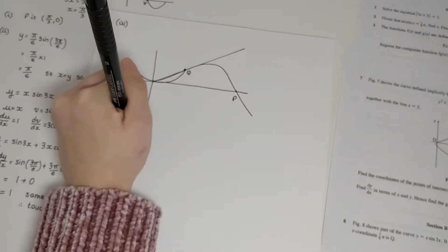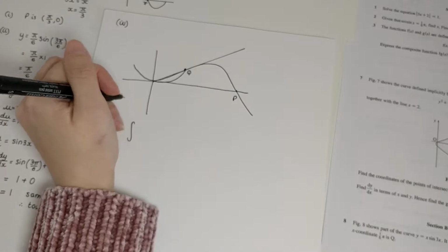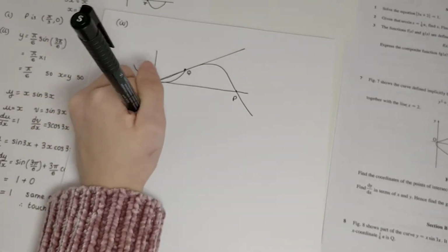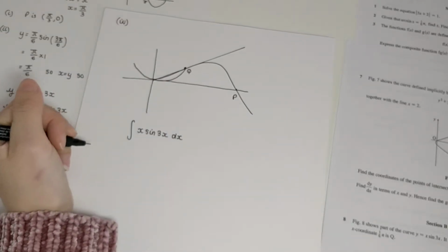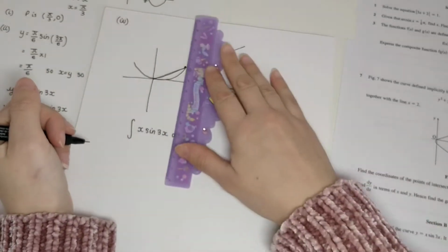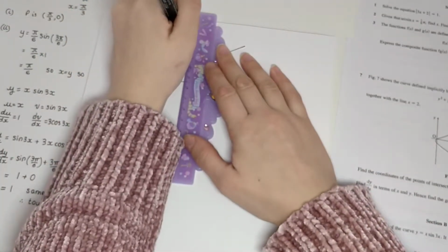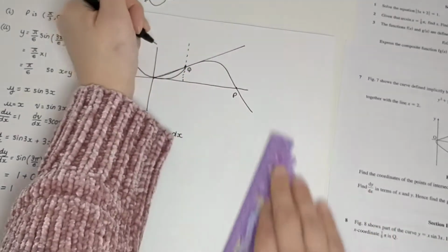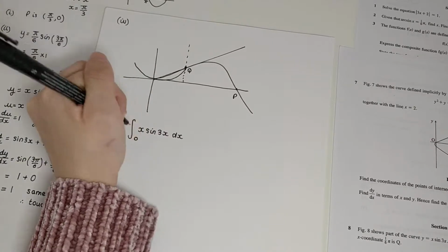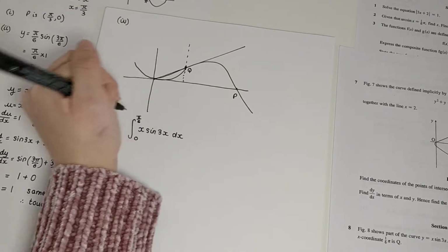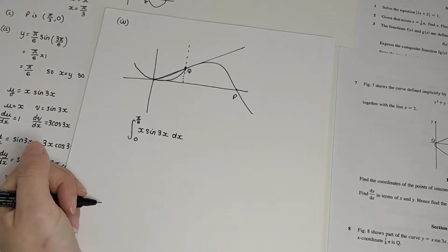So I want the integral of x sine 3x dx, and I need it to go as far as Q, right? Yeah, okay. So what was Q again? Pi over 6. So 0 to pi over 6 of that.